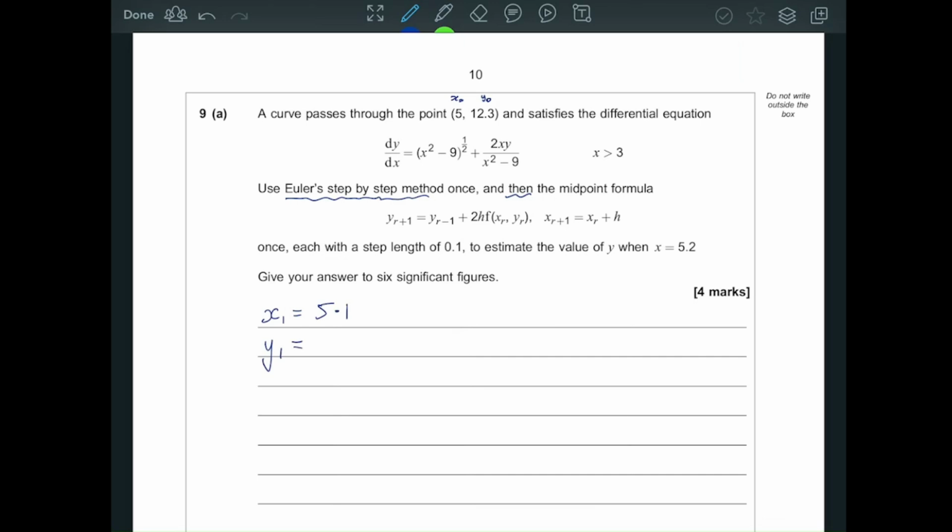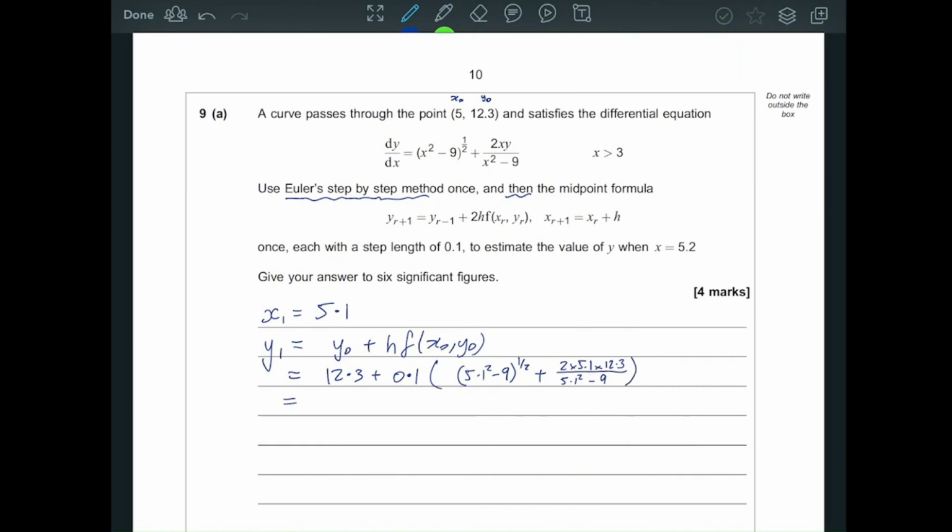Y1, if you recall Euler step by step, is from that formula. So that's going to be the y0, which is 12.3, plus the h, the steps we're taking, which is 0.1, lots of the square root of 5.1 squared minus 9, plus 2 lots of 5.1 times 12.3 over 5.1 squared minus 9.